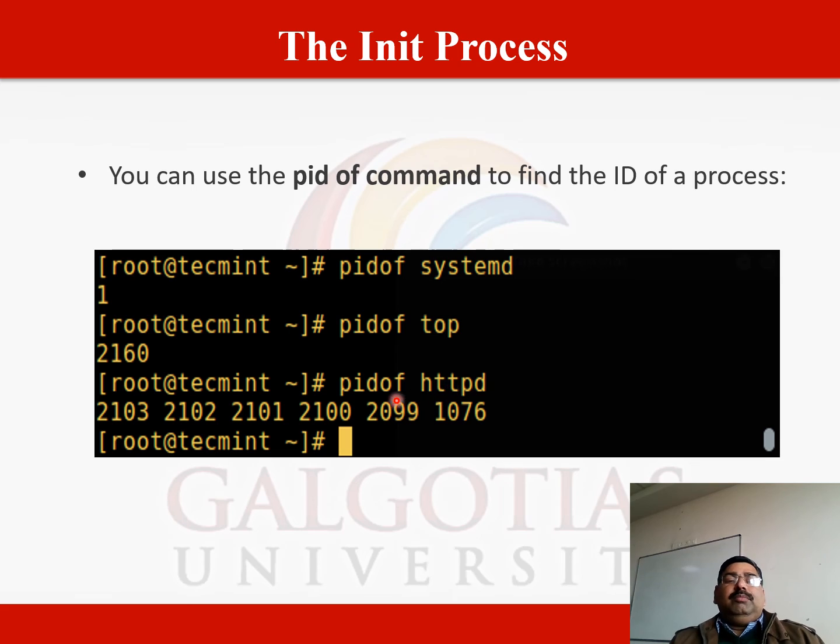And the PID of HTTPD. We can view the process IDs of different commands by using this pidof command. These are different process IDs of the HTTPD command. One is the parent process and the others are child processes of HTTPD.